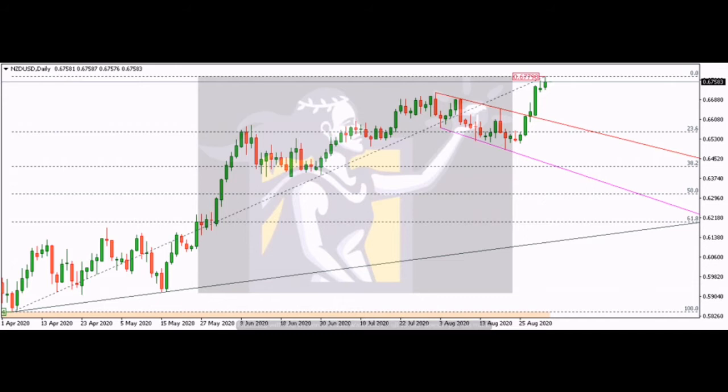And finally, the third support is the 66 even, which is the confluence of the lower trend line arm and a psychological number. The technical bias is expected to remain bullish as long as the 63.77, which is also the 61.8 Fibonacci level, remains intact.